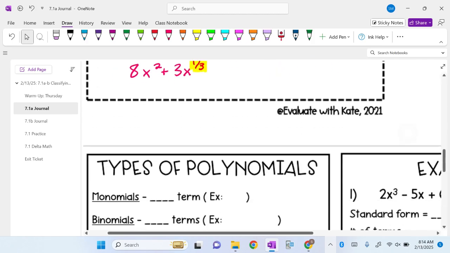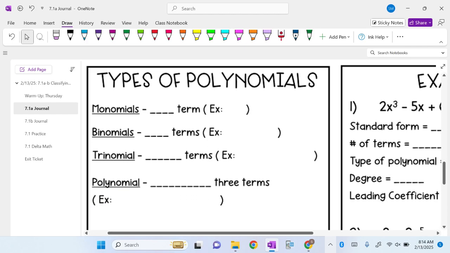Now, not only are you going to be classifying whether it's a polynomial or not, you also need to classify it based off of its subtype. Polynomial is a very broad term, but there are 3 different subtypes of polynomials, and the way we know is based off of the number of terms.